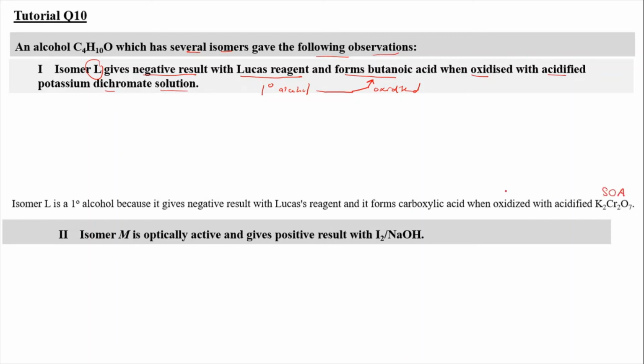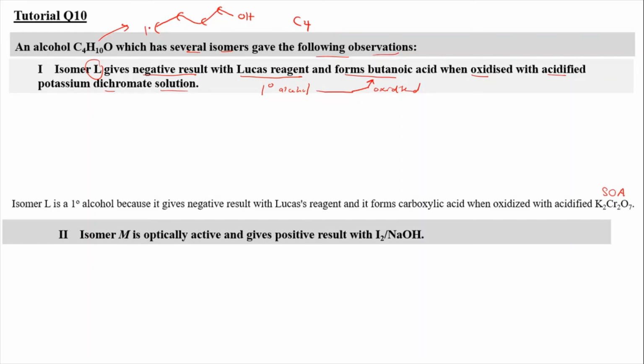Okay, now you know that it is a primary alcohol and it has 4 carbons. So logically, you're going to do 1, 2, 3, and 4. Okay, and then on the last carbon here, going to be OH. So if you were to count the number of carbons, it's going to be 4 carbons.